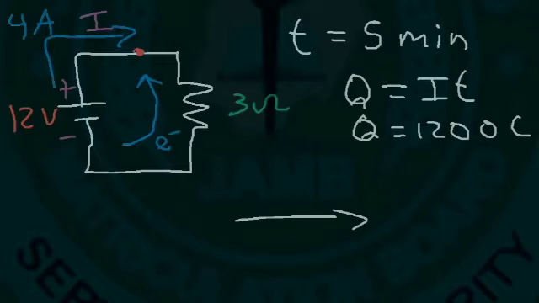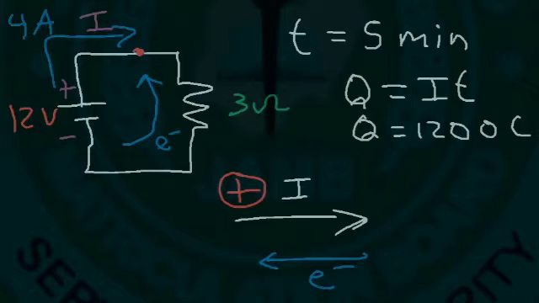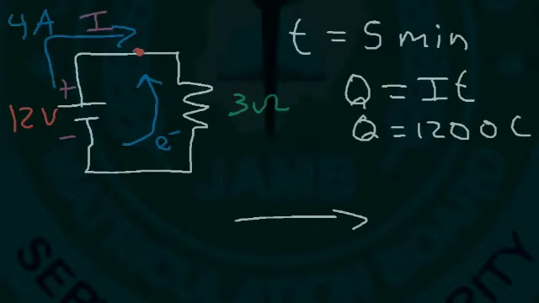So anytime the current is flowing in one direction, let's say if it's flowing to the right, the electrons are flowing in the opposite direction. They're flowing to the left. Just keep in mind, conventional current represents the flow of positive charge. So if the positive charges are moving to the right, the electrons will move to the left. So when you're dealing with circuits, and when you hear the word current, typically they're describing conventional current.